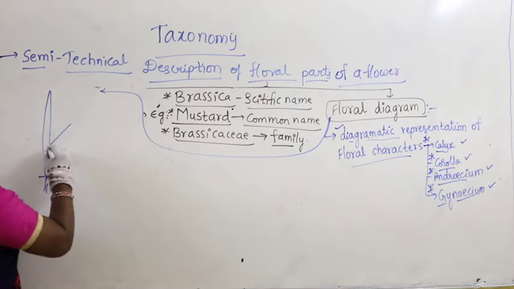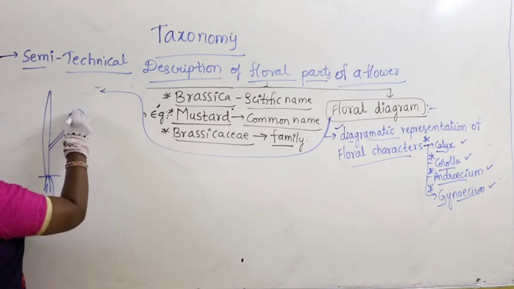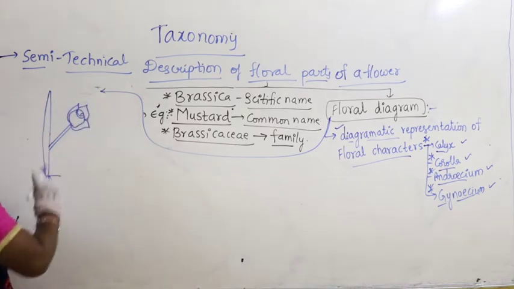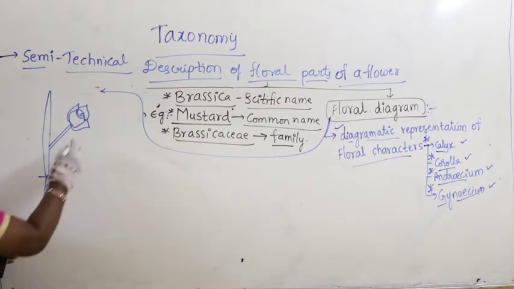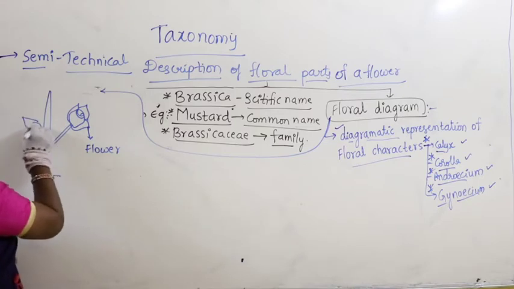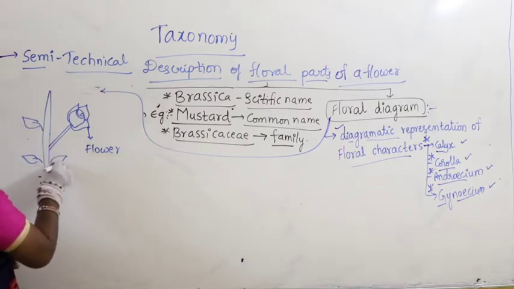Suppose the flower is like this. This is a flower, let us imagine. So you have the leaves like this.